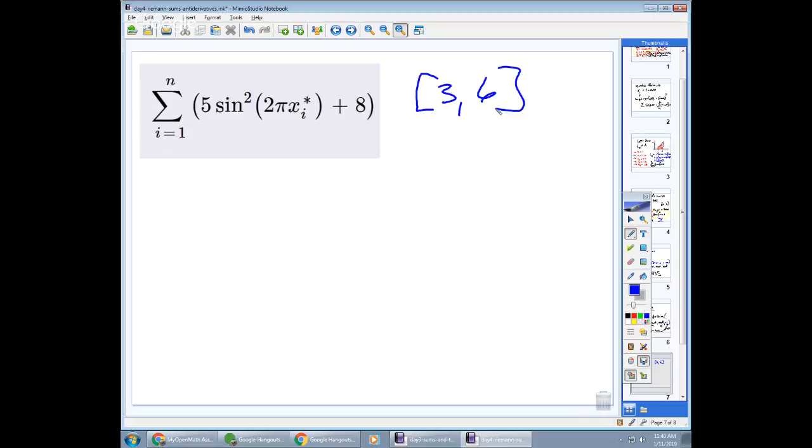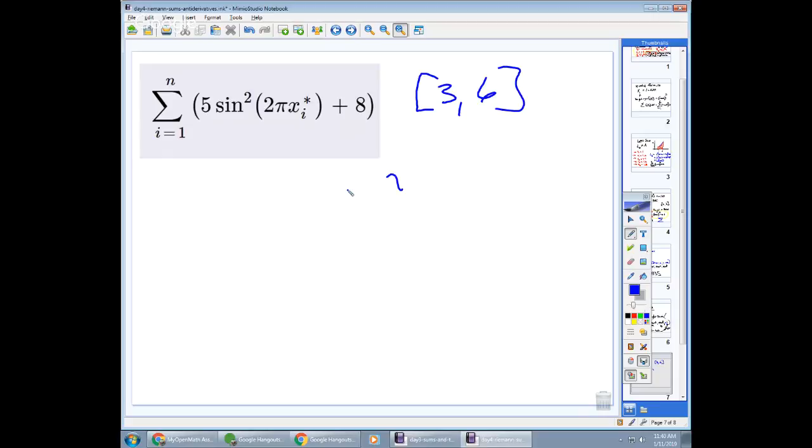All right, so in this case here, I've got a bunch of xi's, and I've got a 1 going on there, right? So, oh, it says xi star. Okay, so the star just means who cares whether it's left endpoint or right endpoint or midpoint. It's just some x value in the interval. What would it look like if it was a right endpoint?